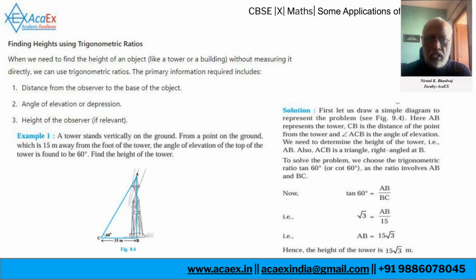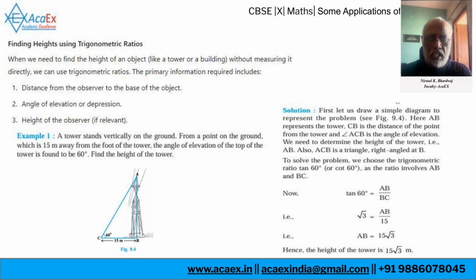Solution. We can represent this situation with a right-angled triangle ABC, where AB is the height of the tower, BC is the distance from the tower, 15 meters, and the angle ACB is the angle of elevation, 60 degrees. To find the height AB, we use the trigonometric ratio that involves the opposite side AB and the adjacent side BC, which is the tangent.